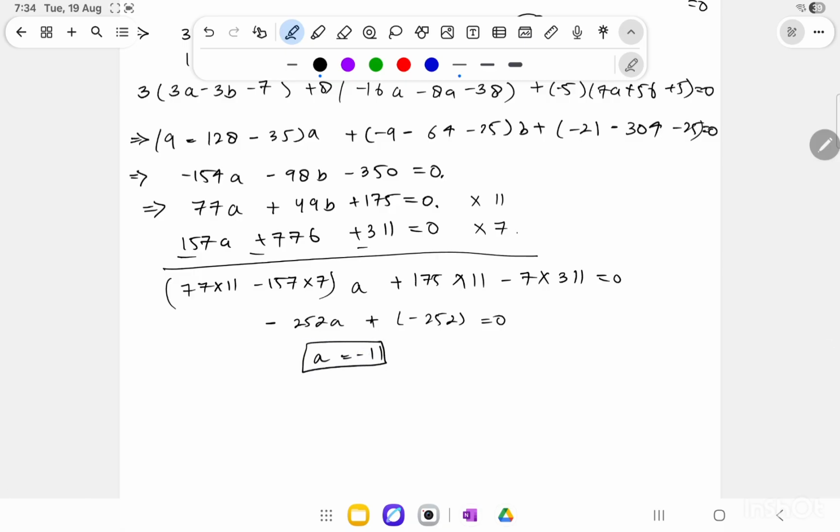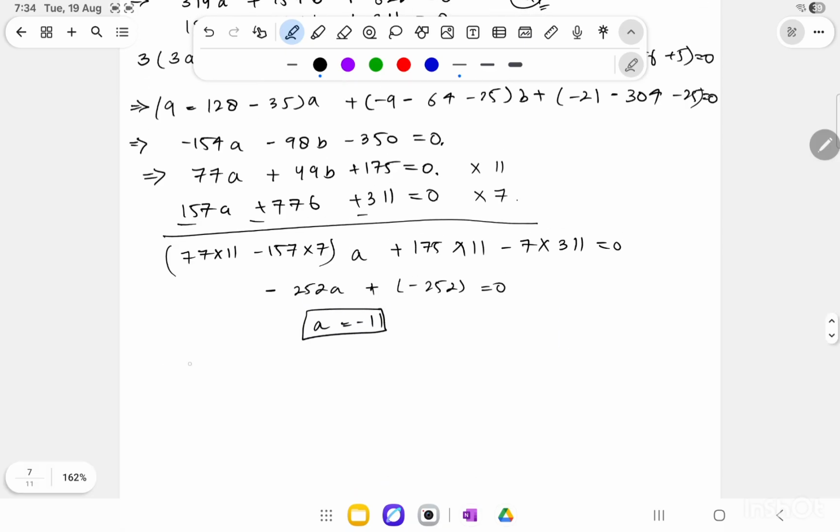I can just substitute in the above equation to get the value of b. So minus 77 plus 49b plus 175 equals 0. So I got 49b plus 98 equals 0.